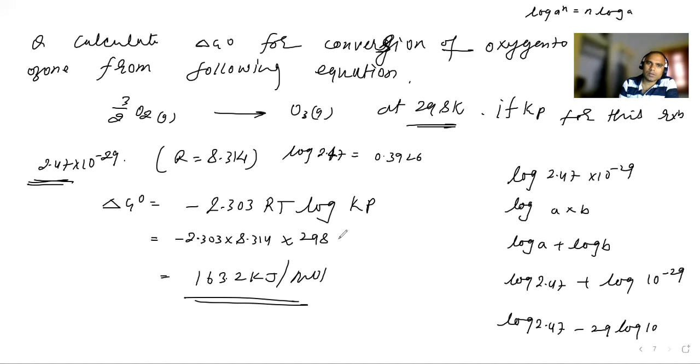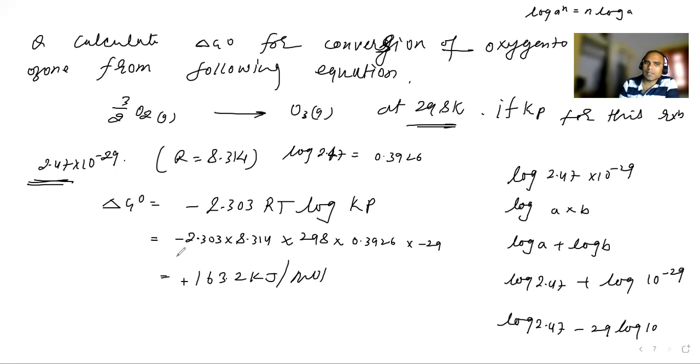Negative 8.31 times 298 times log 0.396, multiplied by minus 29. So minus and minus is going to be plus. It is coming positive.